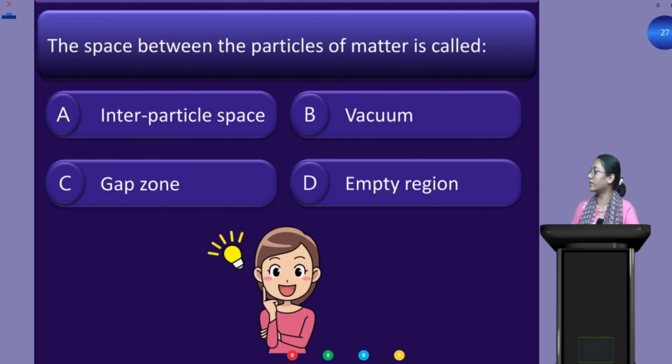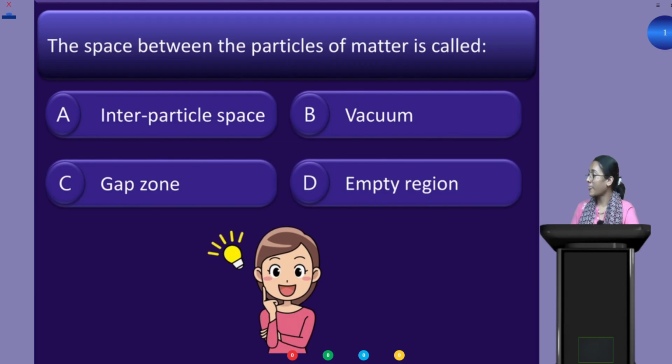Let's see how many of you can answer it correctly. The space between the particles of matter, as we observed in the case of sugar and water, is called what? Interparticle space, vacuum, gap zone, or empty region?